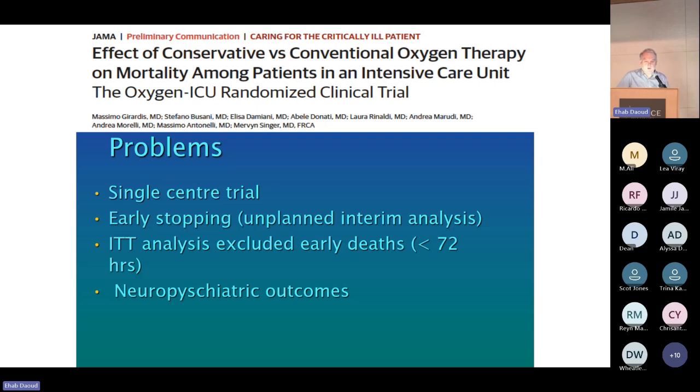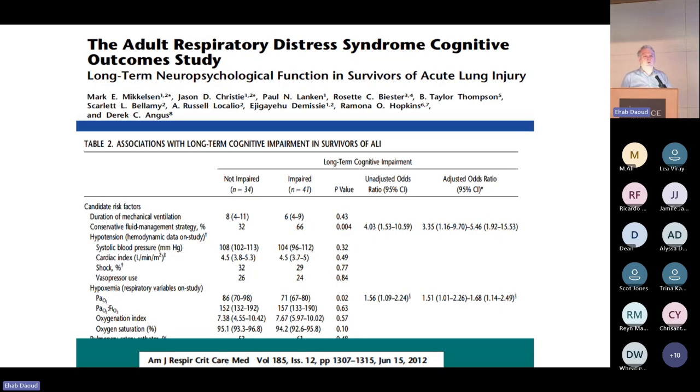The other thing is, although these patients may have done well, there was a concern about the neuropsychiatric outcomes of these patients. This is based on a number of things. We are always concerned that low oxygen may cause subtle but important hypoxemia. This is an analysis of the FACTT study by Mikkelsen and others, which is the fluids and pulmonary artery catheters trial done quite a long time ago now.